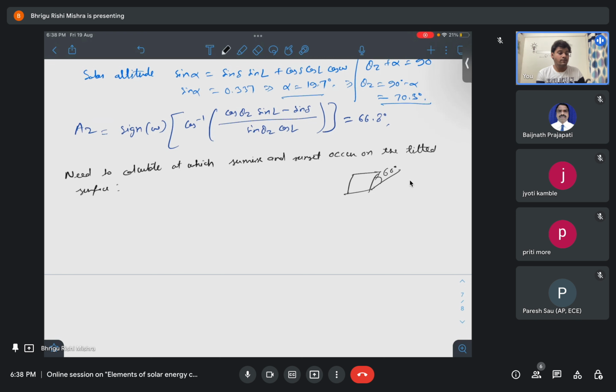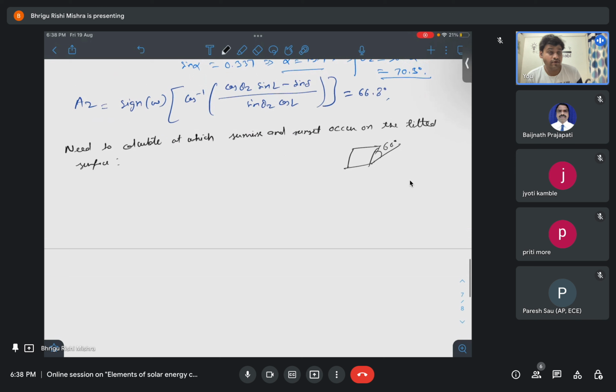Okay, so in the lecture this formula was given to calculate the hour angle for a tilted surface. What was the formula? Cos omega s dash. For the tilted surface, for all calculations of zenith angle, solar altitude angle, or surface azimuthal angle, we simply need to replace L, that means latitude, with L minus beta.